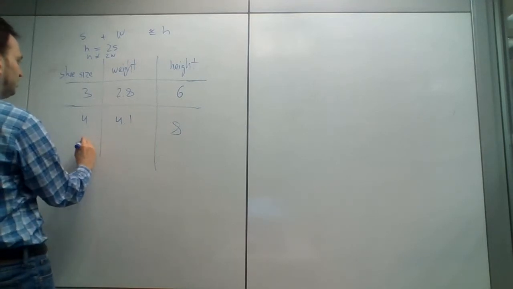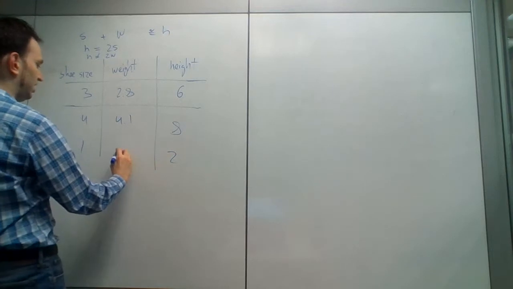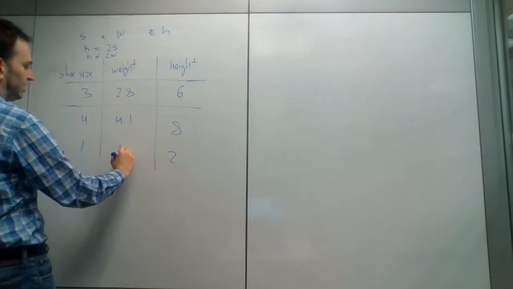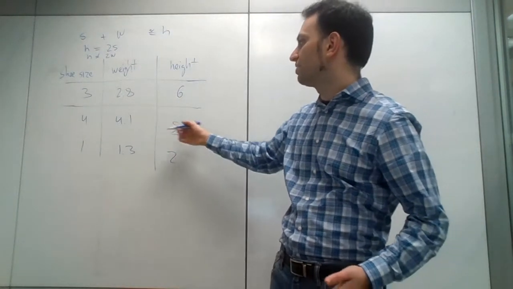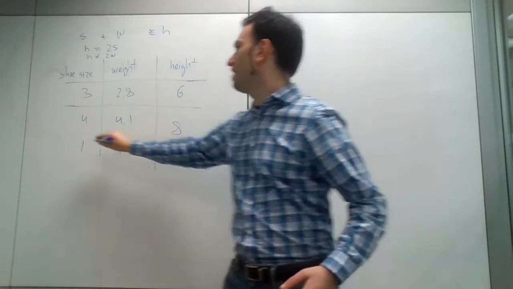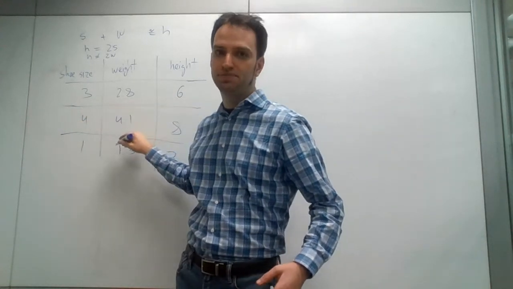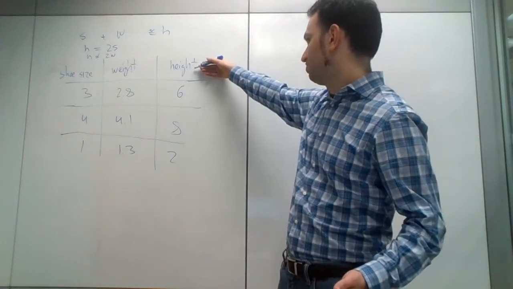And then if this is 1, then this is definitely 2, and the weight is, I'm just making it up, like 1.3. So you can predict the height from the weight, just not as well as you can predict the height from the shoe size.